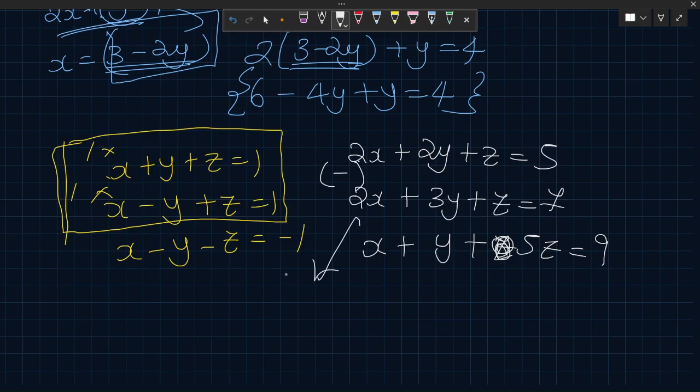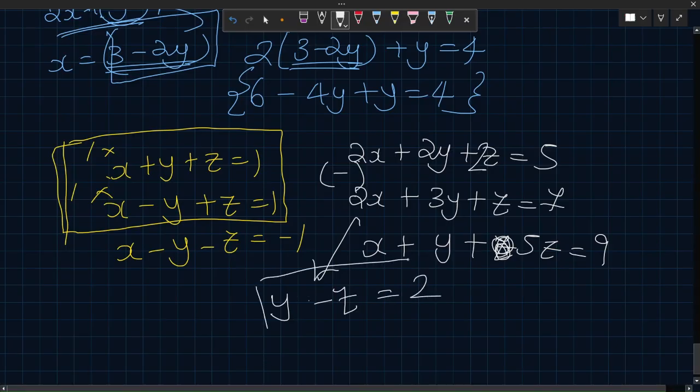So you will get, essentially, what will you get? Again, I'm taking a very easy example. Let's make this 2. So if I have 2x plus 2y plus 2z is 5, 2x plus 3y plus z is 7, and if I subtract these two equations, I'll get y minus z is 2. I'll get one such equation.